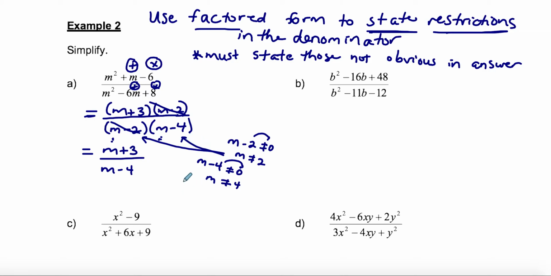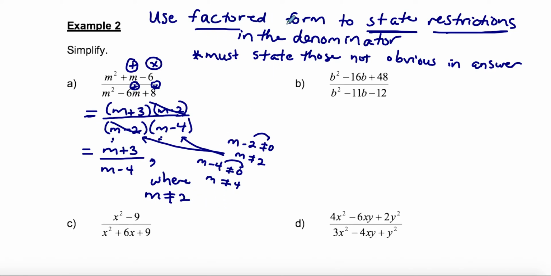So the rule is for some teachers anyway, since this m minus 2 canceled out, I'm going to say a little comma where m cannot equal 2. That's my restriction, it's called.